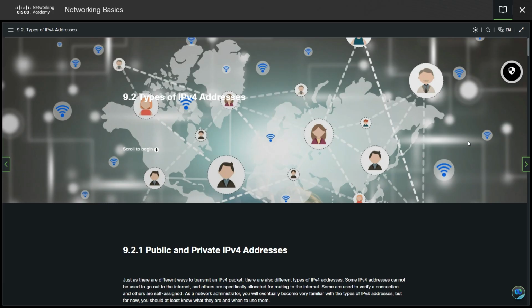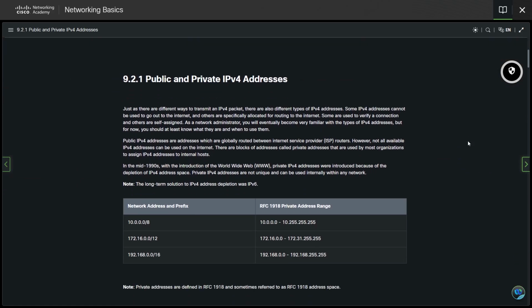The next point is types of IPv4 addresses. The first topic is public and private IPv4 addresses. Just as there are different ways to transmit an IPv4 packet, there are also different types of IPv4 addresses.